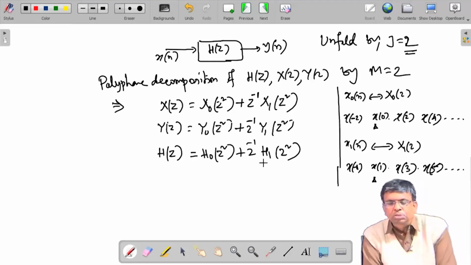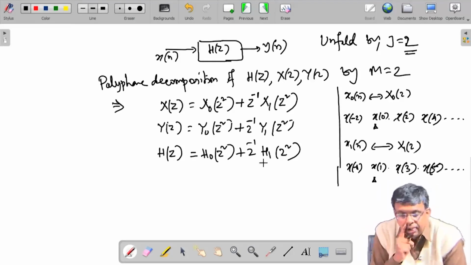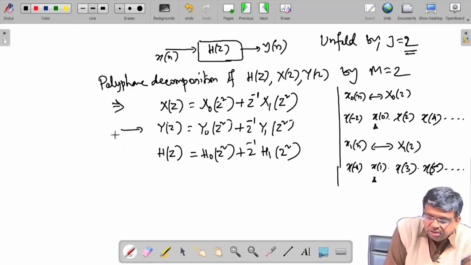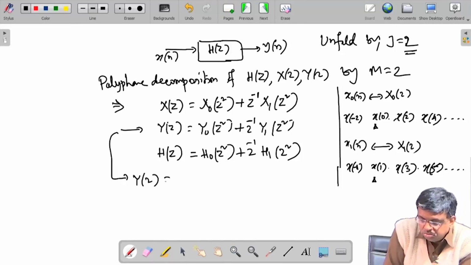We all know the meaning of all these polyphase components. Now, what is Y(z)? Y(z) is this, but Y(z) is also equal to X(z) into H(z).